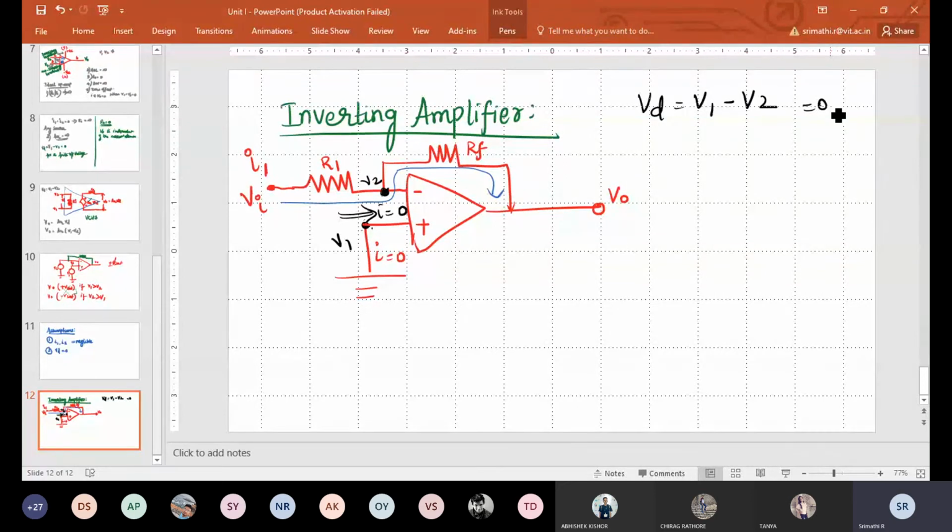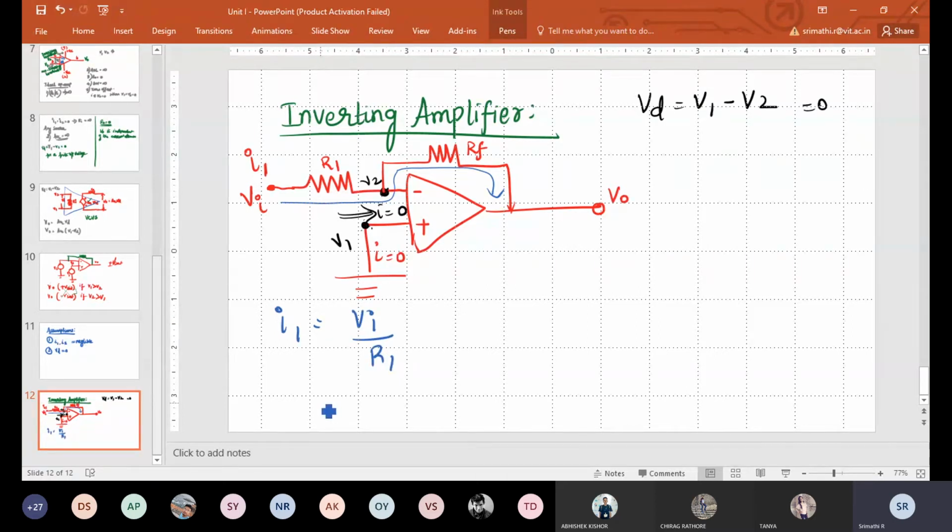So with that in mind, this is the input applied to the op-amp through R1. How can we write I1? I1 is nothing but Vi divided by R1.